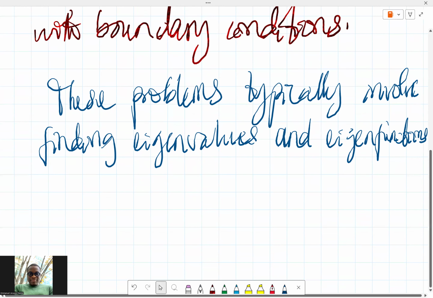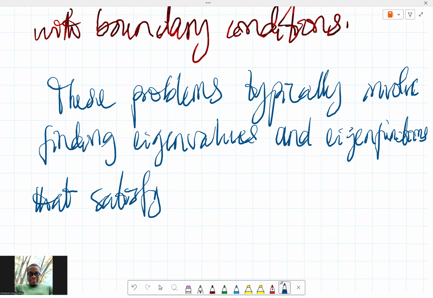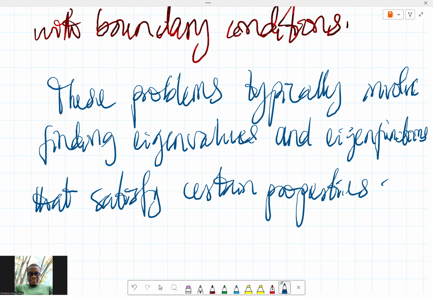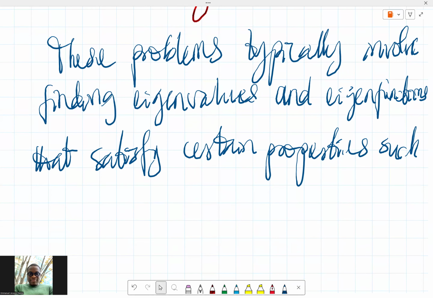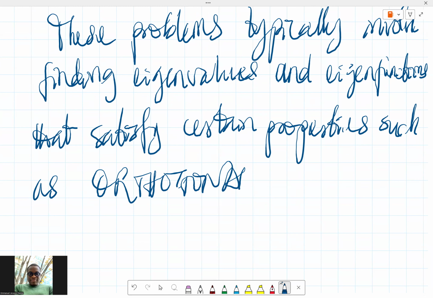And eigenfunctions that satisfy certain properties, such as orthogonality and completeness.